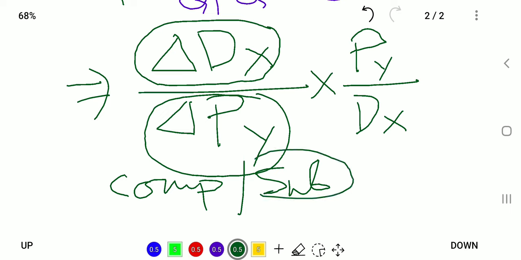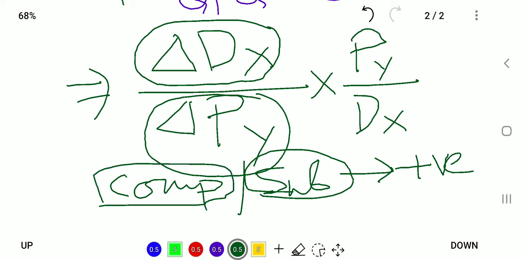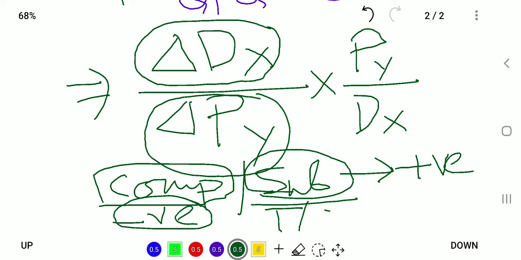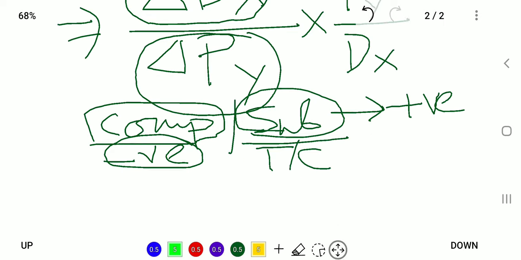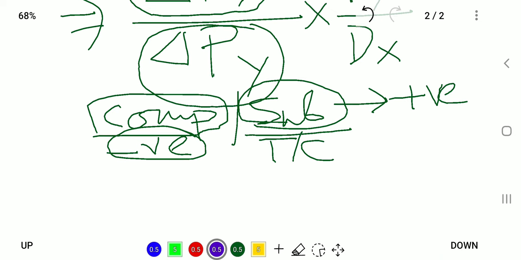For a substitute product, cross elasticity is always positive, and for a complementary product it can be negative. An example of a substitute product is tea and coffee, and for a complementary product it is car and petrol.